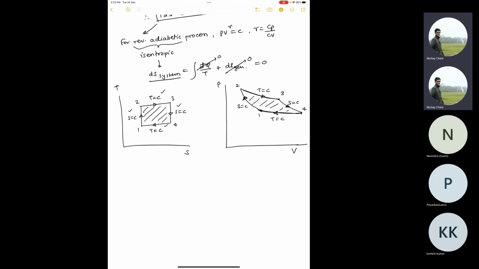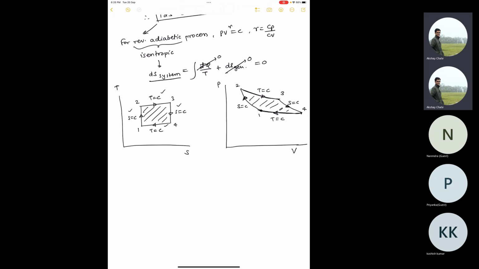So essentially the takeaway is that the net work output from the Carnot cycle is very low, even though its efficiency is maximum, because we know eta is 1 minus TL by TH. Work done is not maximum. So that is one takeaway you should remember. If someone says Carnot cycle gives you maximum work done, that's wrong.